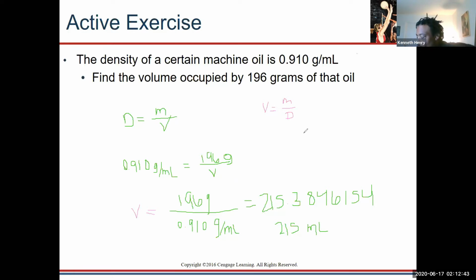So I got 215.3846154. That's what I got. What's wrong with my calculator? What did you put in, 196 divided by what? 0.9109. Well, this is a 0. Oh! 9. Sorry, my bad.